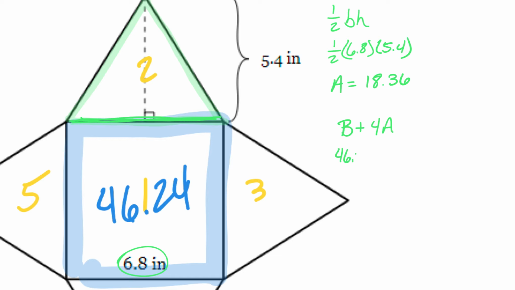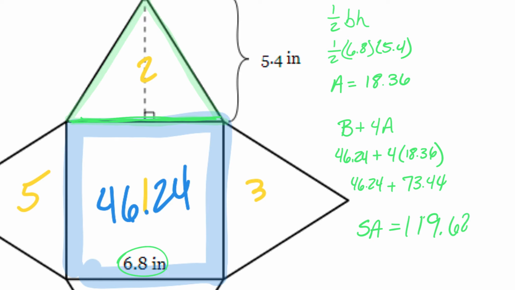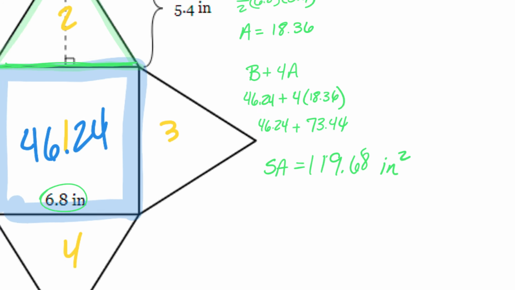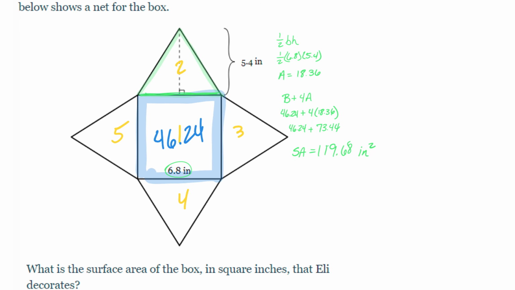So our base was 46.24 plus 4 of those triangles, which were 18.36, which is 73.44, plus our base of 46.24, gives us a total surface area of 119.68 square inches. So this is how we find the surface area of our shape.